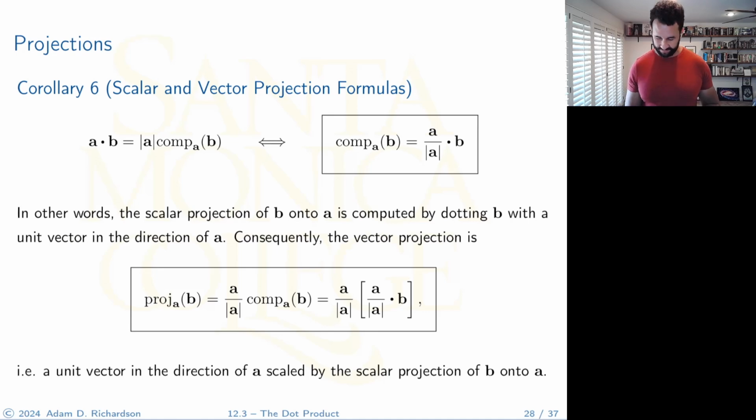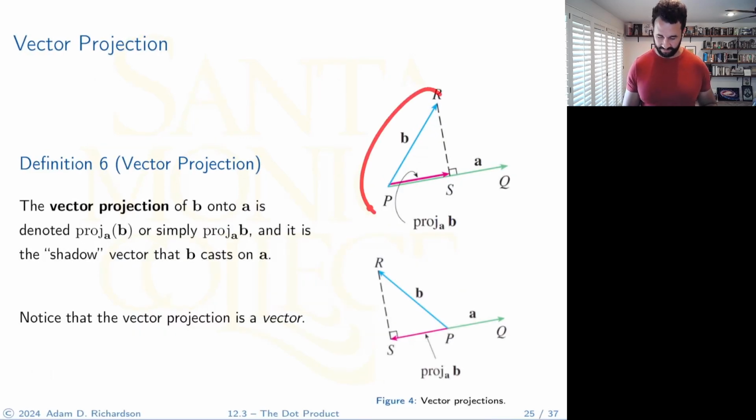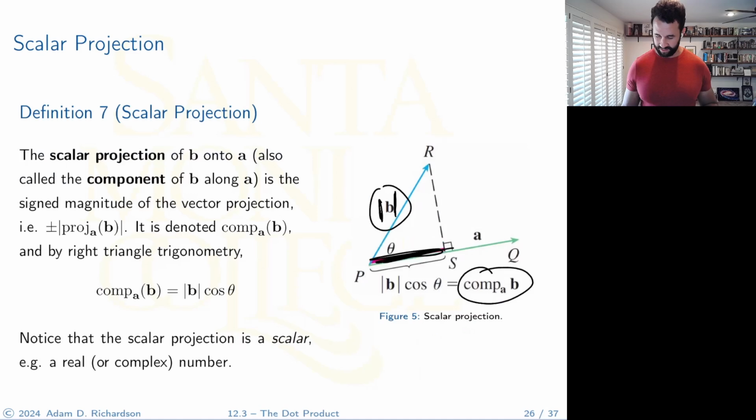That's it. So we'll practice this in activity. You'll practice it on homework. But if you ever get lost, just go back to these images here. Think about what the vector projection is and what the scalar projection is. And that's how you can relate the two.